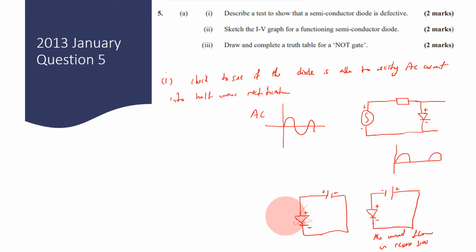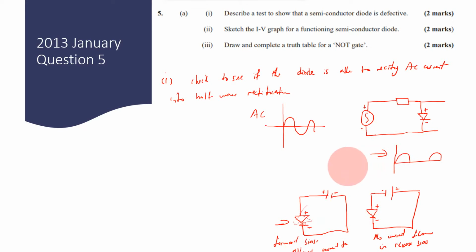Now, as I said, this is forward bias. That is when current is going to flow. It allows current to flow in one direction. Hence the reason why we get this as the output.